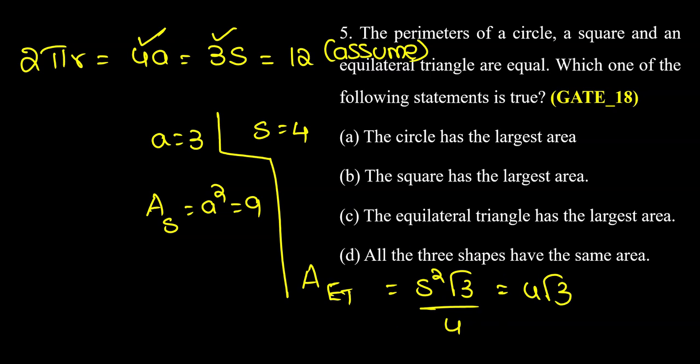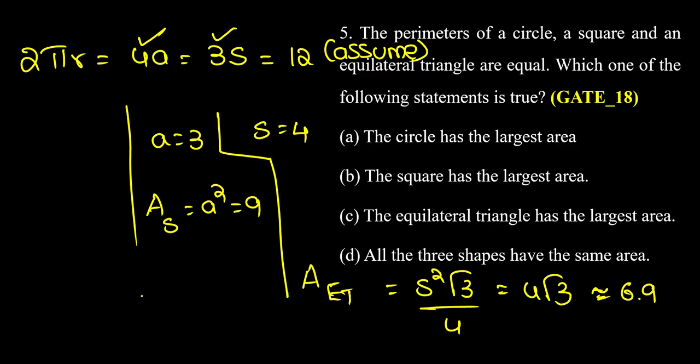Root 3 is 1.732. Even if you take 2, 4 into 2 is 8. It's less than square. In fact, to be precise, it's 4 into 1.732, about 6.9 approximately.